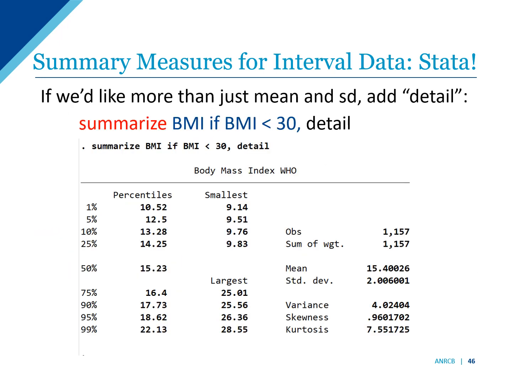If we'd like more than just the mean and standard deviation, we add the option detail at the end of our command. When we do this, we get a table of the percentiles from 1%, 5%, 10%, 25th percentile on up. We get the 50th percentile, which is our median.